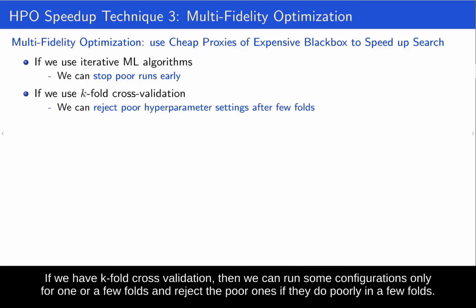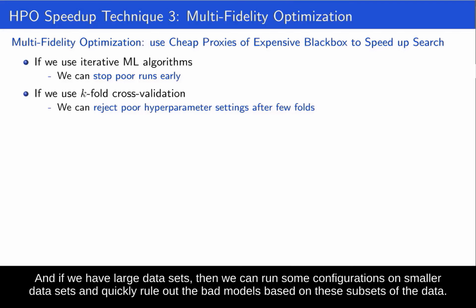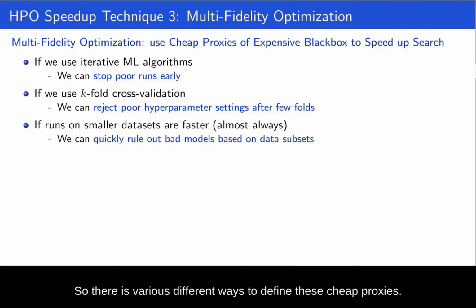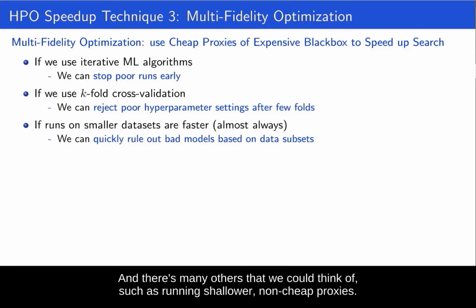If we have k-fold cross-validation, then we can run some configurations only for one or a few folds and reject the poor ones if they do poorly in a few folds. And if we have large data sets, then we can run some configurations on smaller data sets and quickly rule out the bad models based on these subsets of the data.